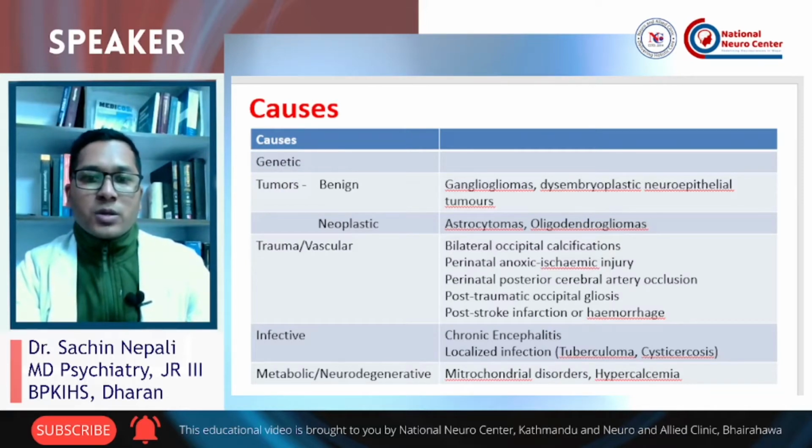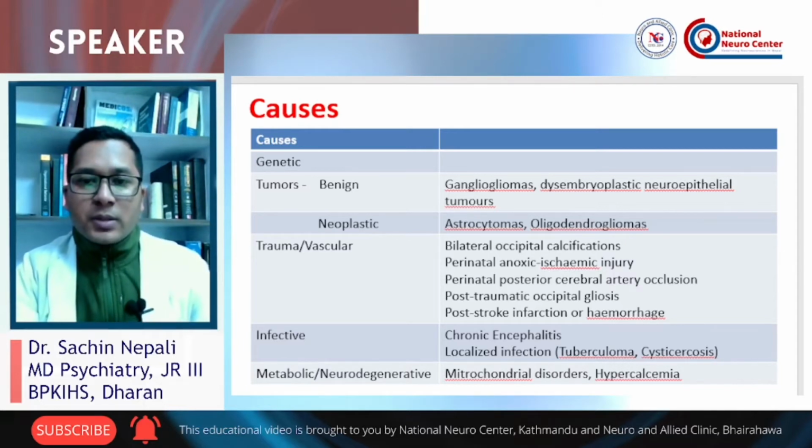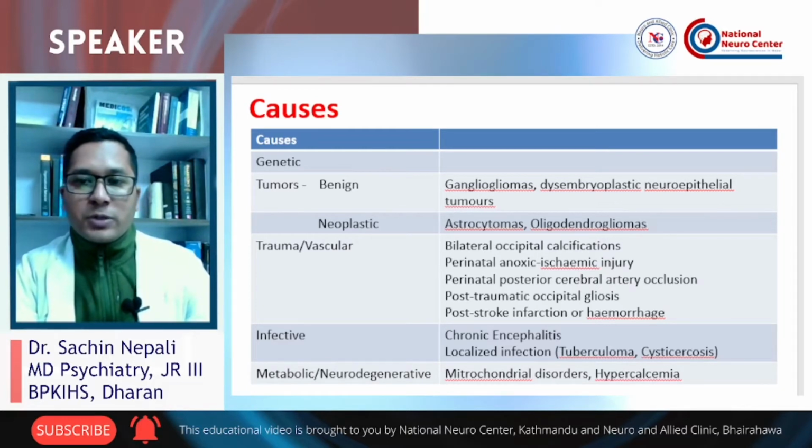Now, what are the causes of occipital lobe epilepsy? The causes are: genetic cause, and tumors, benign tumors, gangliogliomas, dysembryoplastic neuroepithelial tumor, neoplastic astrocytoma, oligodendrogliomas; trauma and vascular, bilateral occipital calcification, perinatal anoxic ischemic injury, perinatal posterior cerebral artery occlusion, post-traumatic occipital gliosis, post-stroke infarction or hemorrhage.